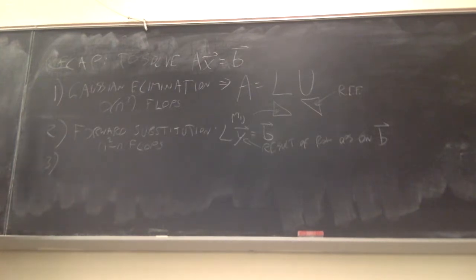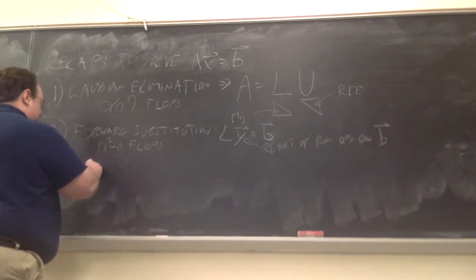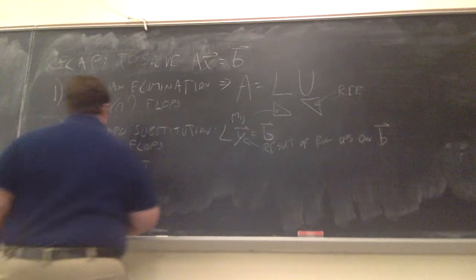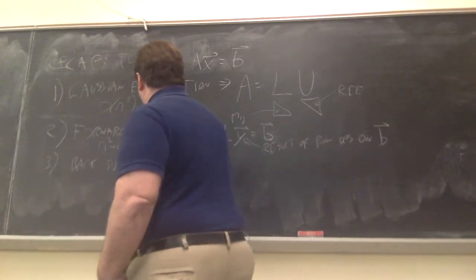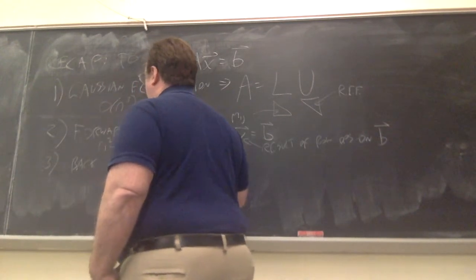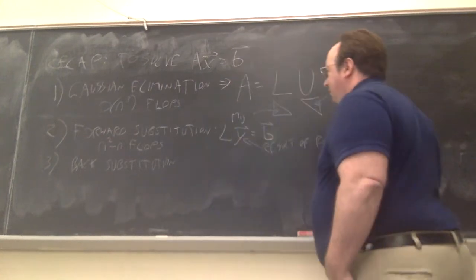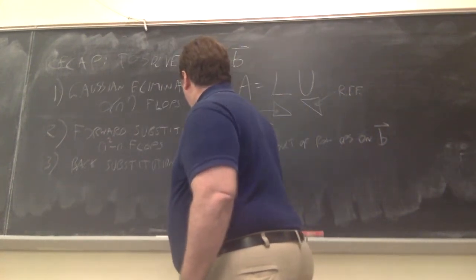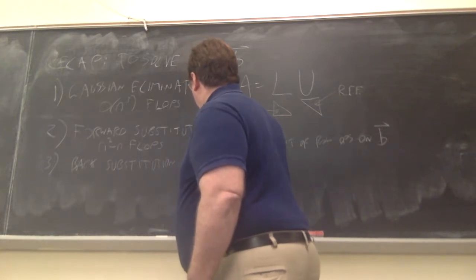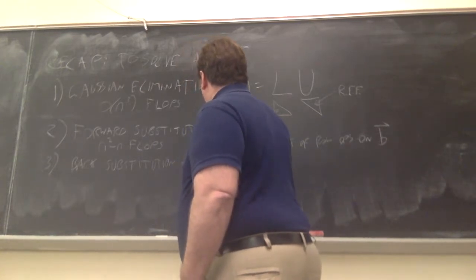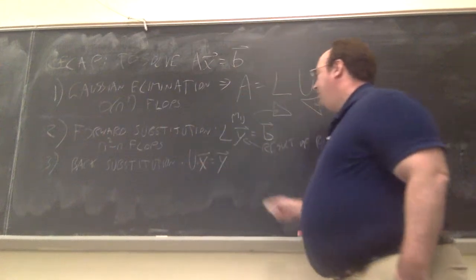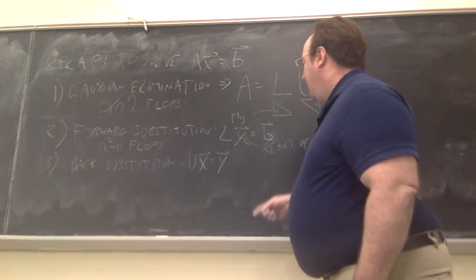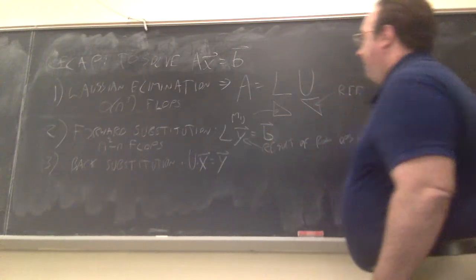Back substitution. I think for consistency we should call it backward substitution, but for some reason they call it back substitution. I guess because it would make no sense to call it forward substitution or whatever. Okay, back substitution, and then you're solving Ux equals y, because if you multiply both sides of that by L, you get LUx, which is Ax, and you get Ly, which is b.